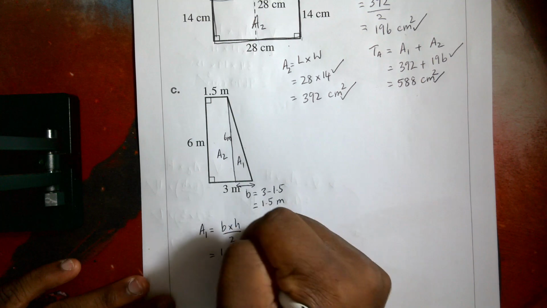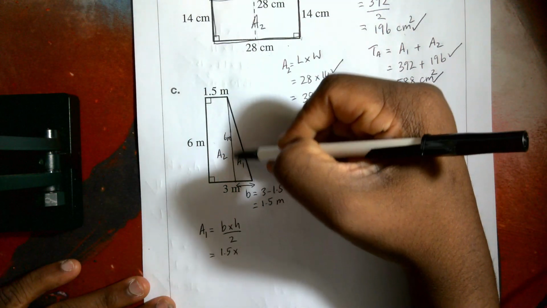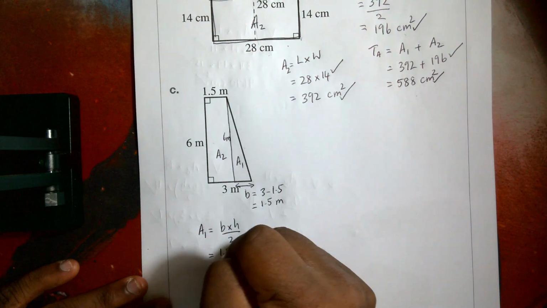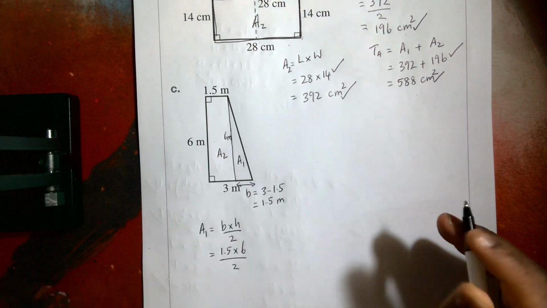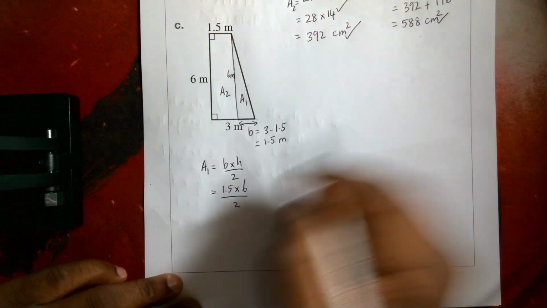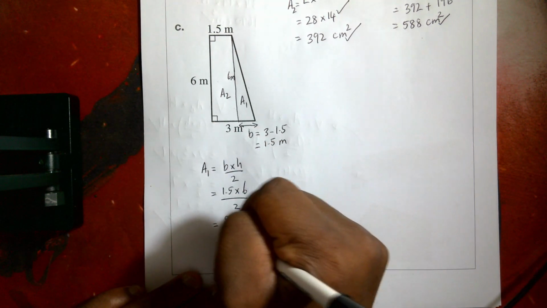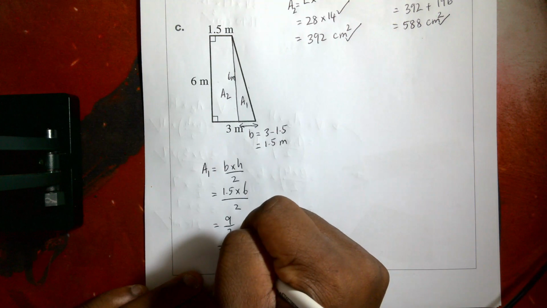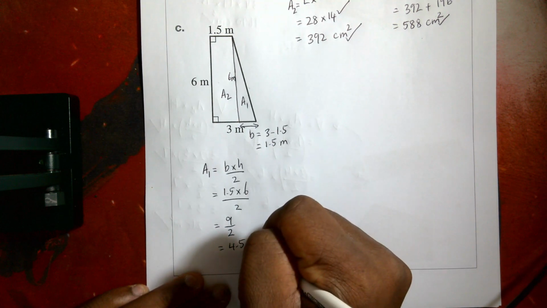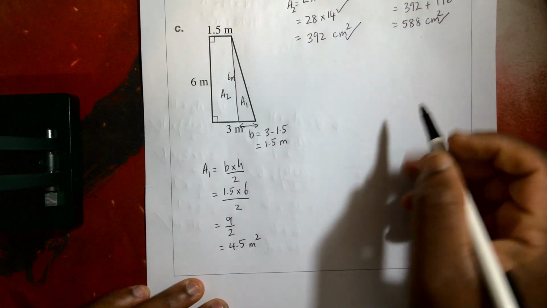Base is 1.5. The height of our triangle is 6. Multiply them together, divide by 2. 1.5 times 6 gives us 9. Divide by 2 is 4.5 meters squared.